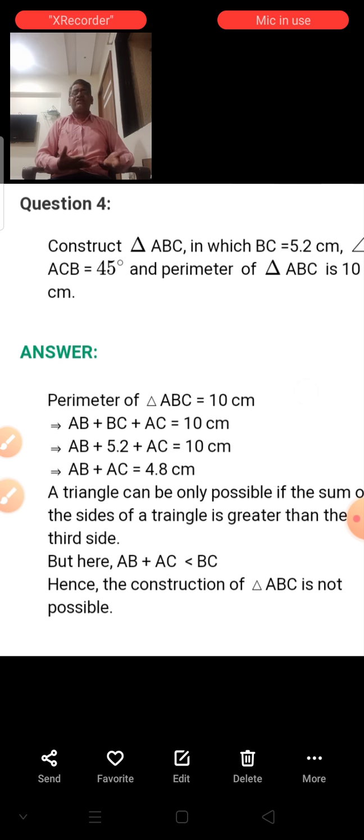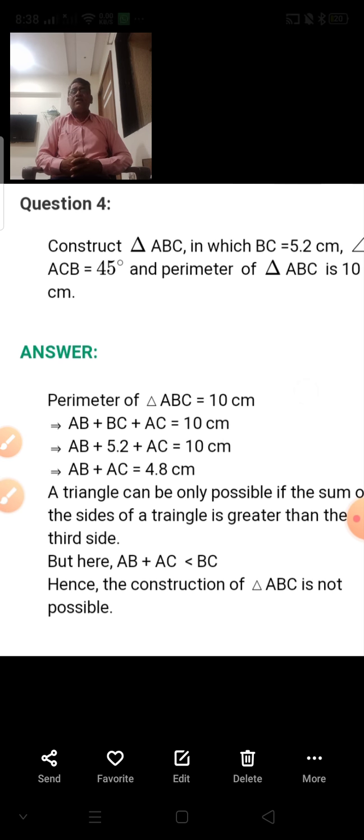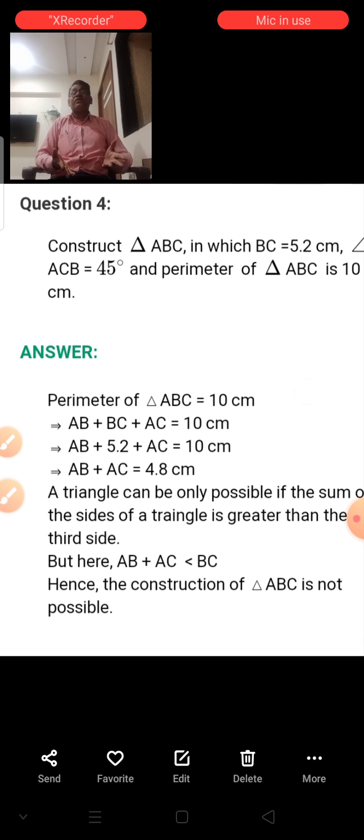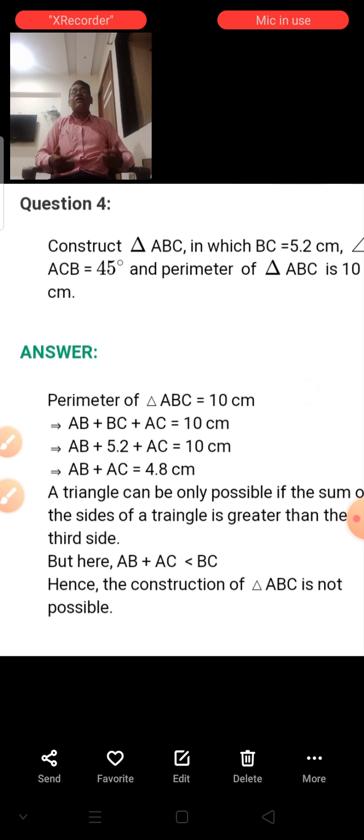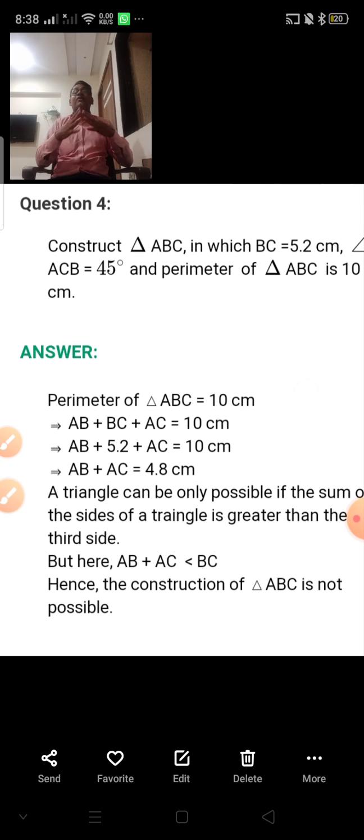In the next lecture we will go to the next exercise, because this is construction. When you construct the triangles, if you have many doubts, you have to clear those doubts with me, and then we go to the next exercise.